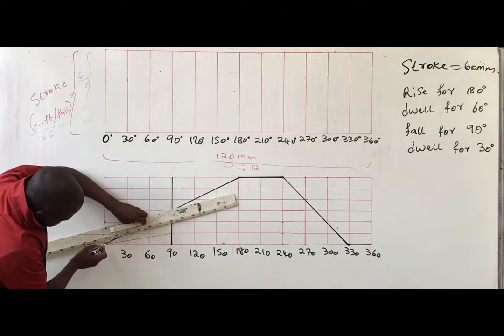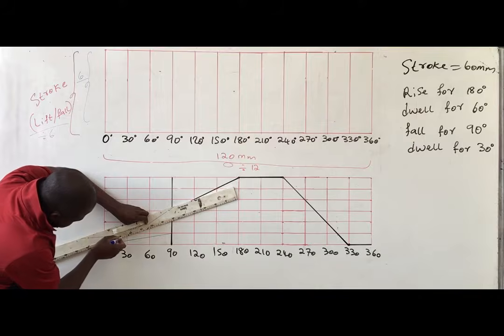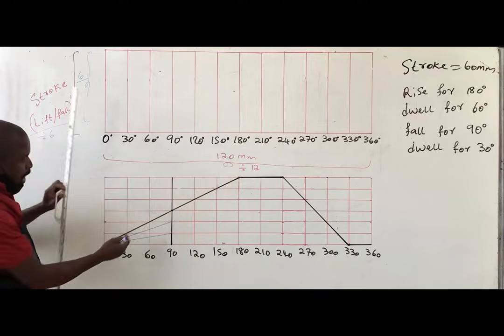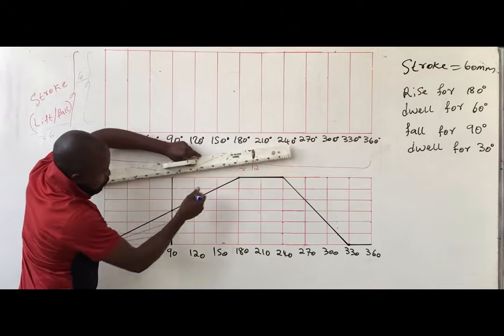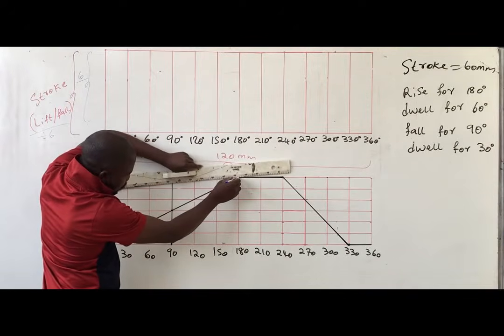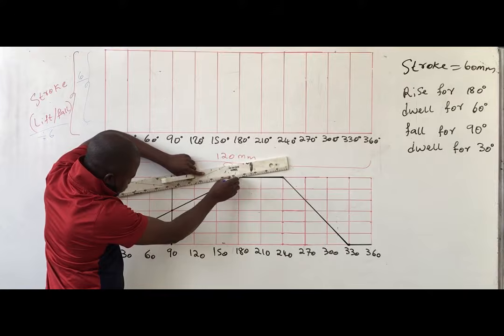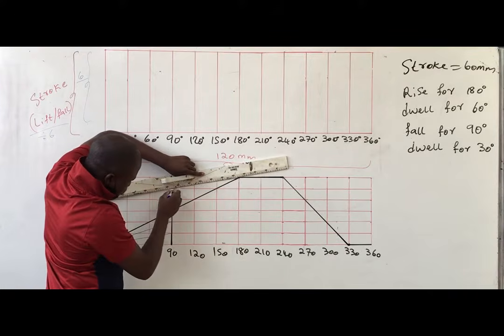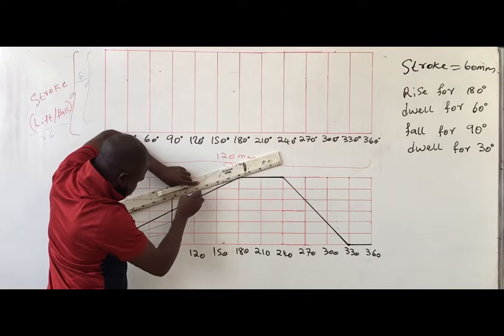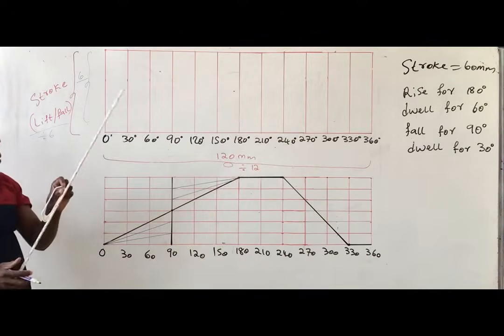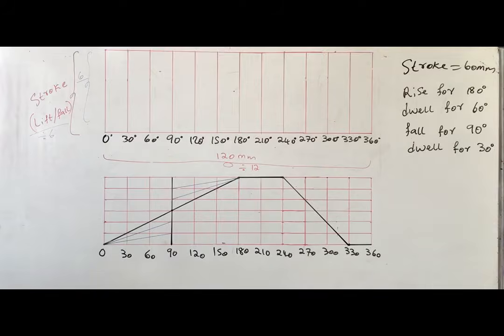You also draw a line there. Above this, you have two corners. So you must also draw a line from the end of the rise. There it is. Draw.